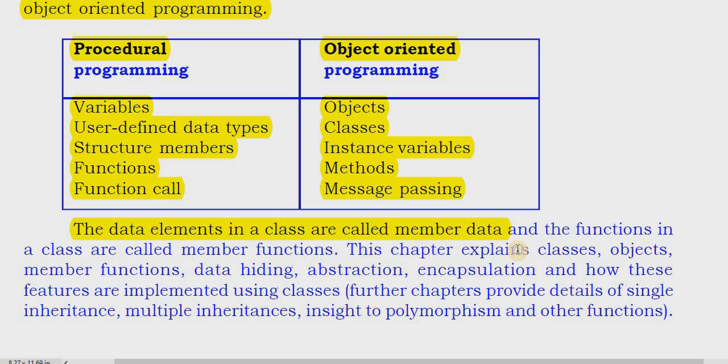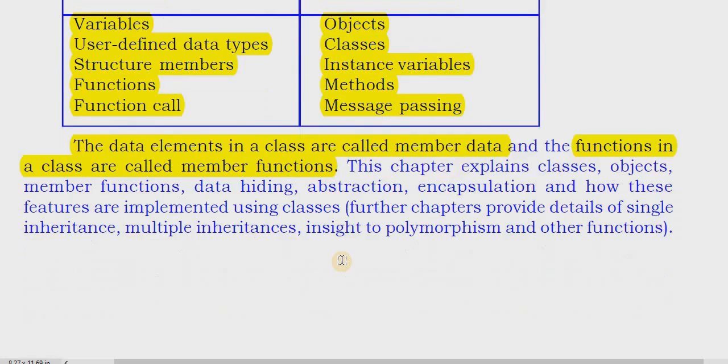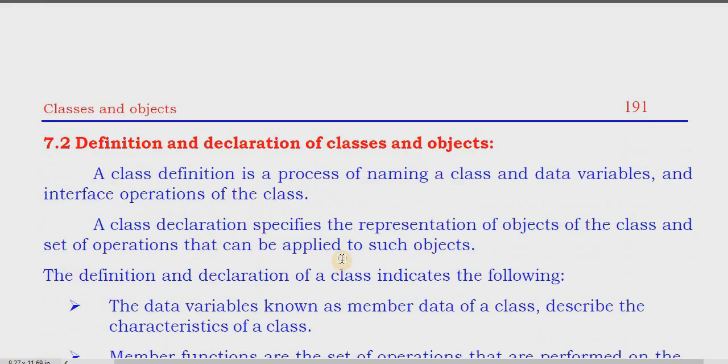Means any variable inside a class is called as data member or member data, and functions in a class are called as member functions or methods. Okay, we will see in next topic.